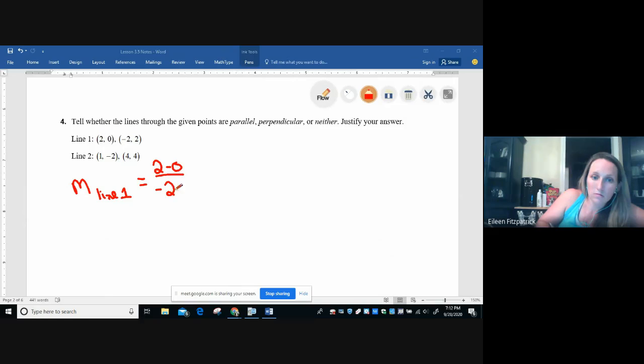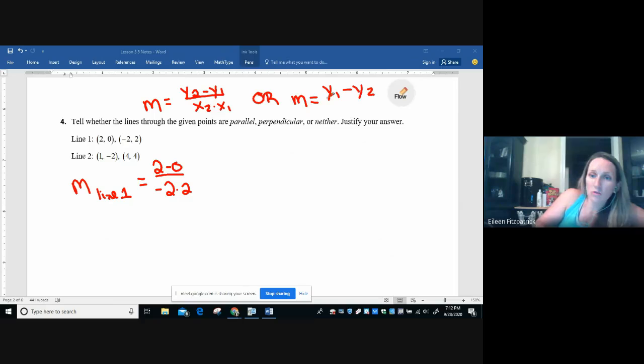All right, if you don't remember the slope formula from Algebra 1, it's y sub 2 minus y sub 1 over x sub 2 minus x sub 1. Just like I said in the distance formula, you could also write that as y sub 1 minus y sub 2. It doesn't matter if the sub 2's come before the sub 1's or vice versa, as long as you're consistent in the denominator.